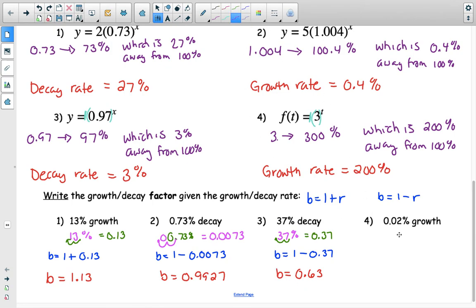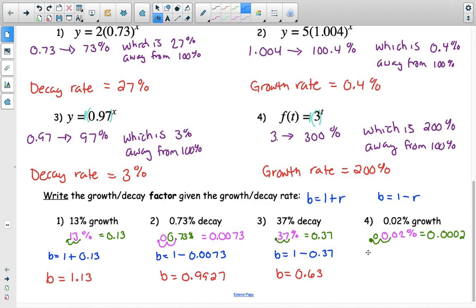And the last one is we have 0.02% growth. So we're going to take that 0.02 percent. We've got to move the decimal twice to the left to get rid of the percentage. We're going to add in zeros into any of the spaces. This gives us 0.0002 as our decimal.